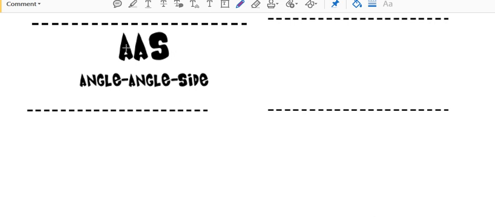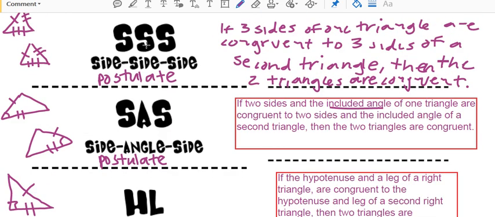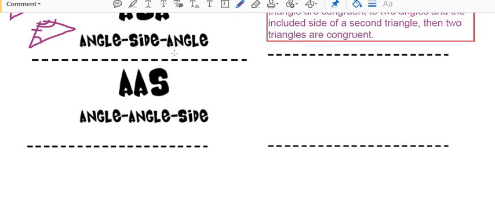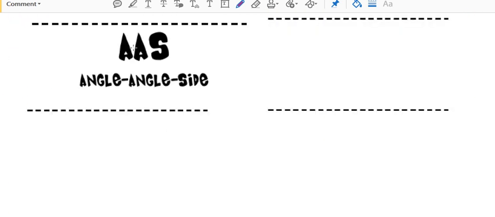So again, anytime in these phrases that you see S, it means side. Anytime you see A, it means angle. So the last one that we have here is angle, angle, side. So the definition for this one is going to be as such.